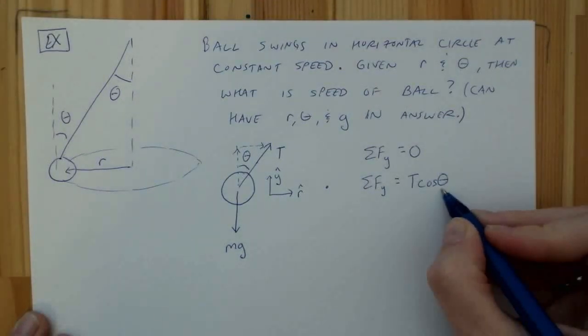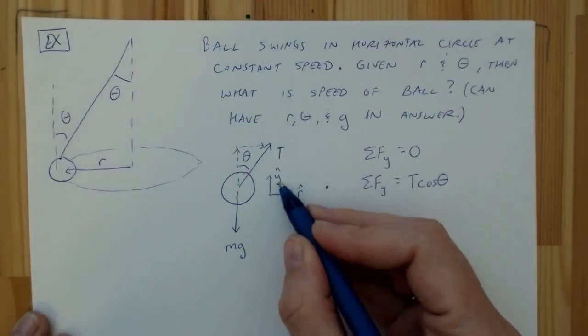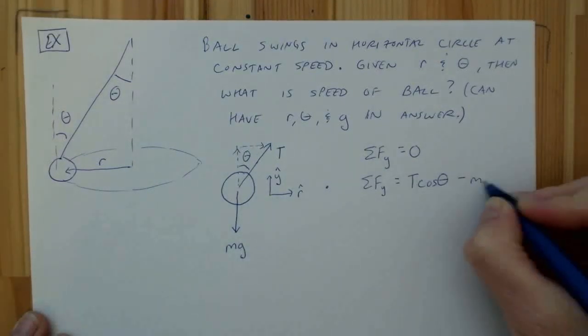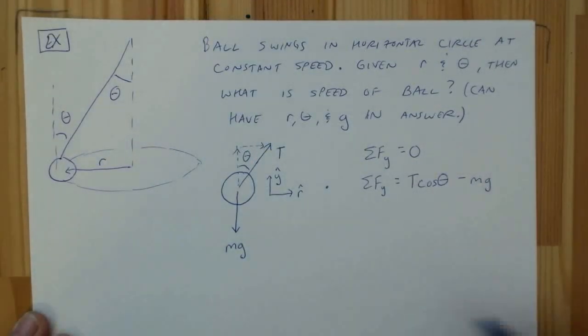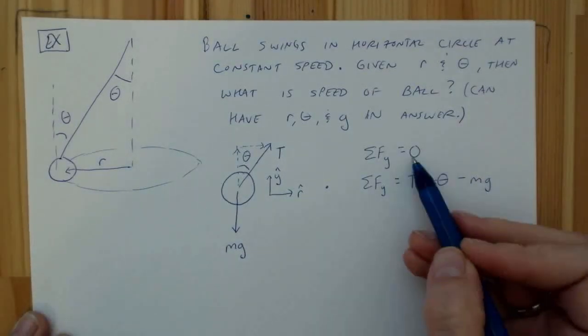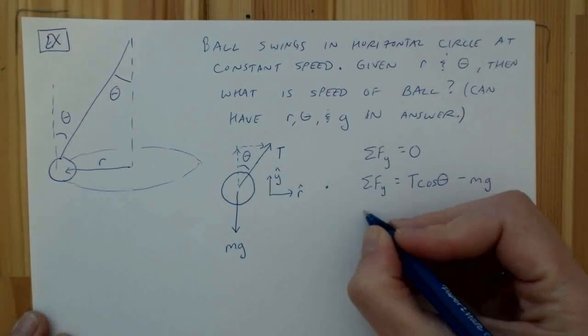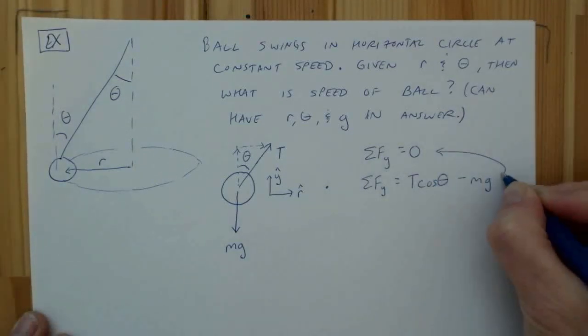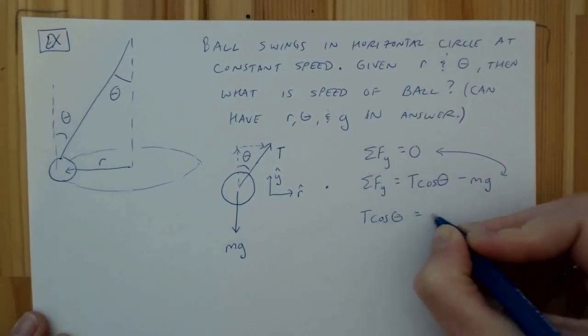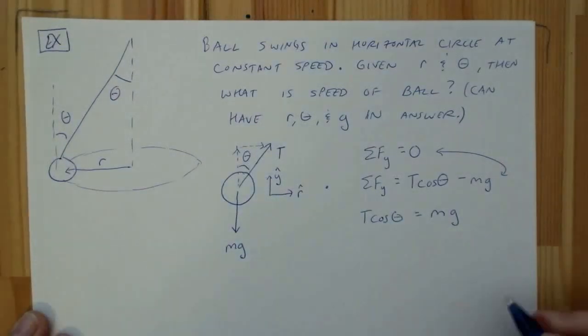So the vertical component is T cosine theta in the positive y direction, and then minus mg because that is in the negative y direction. So then we equate the sum of the individual forces to the mass times acceleration, and so we can see that T cosine theta is going to be equal to mg.